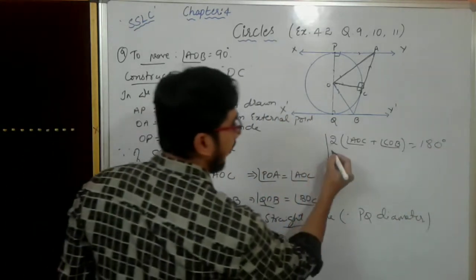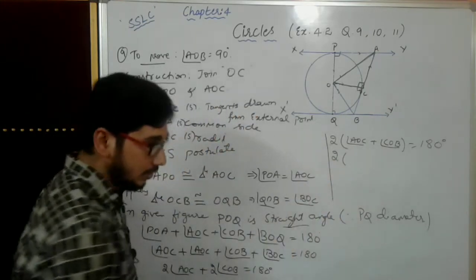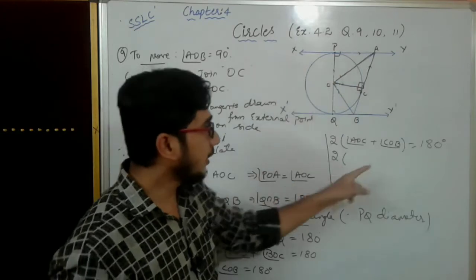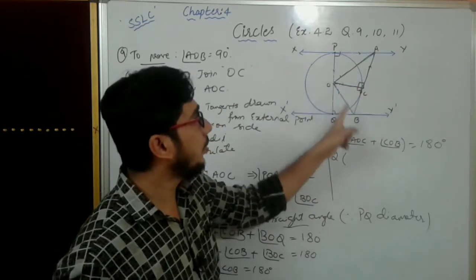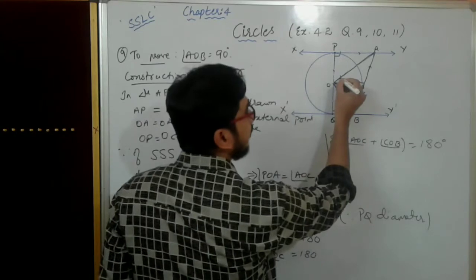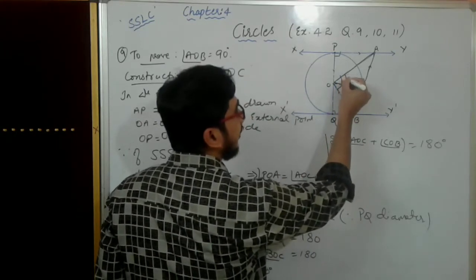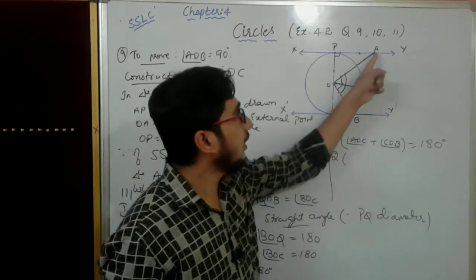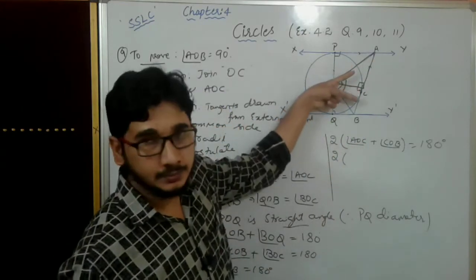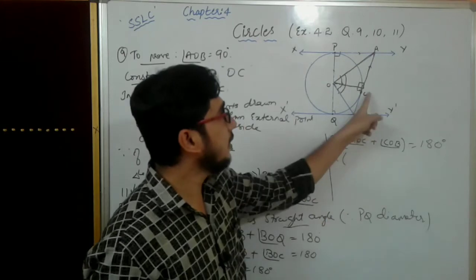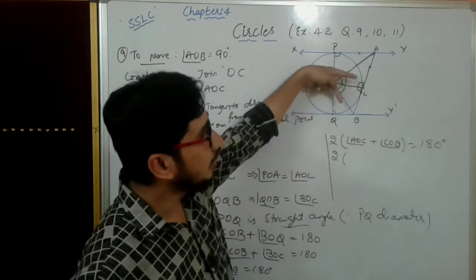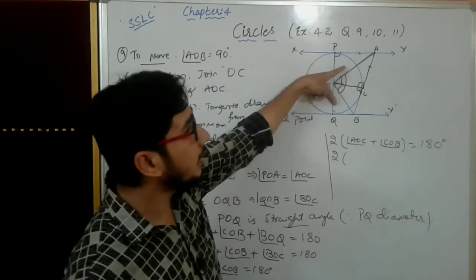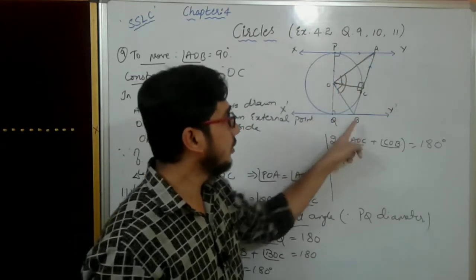Now AOC means this much angle. Next COB means this much angle. This little angle and this little angle together make this complete angle. I repeat again, AOC, this angle, and COB, this small angle. Both together adding, it will become this complete angle, that is AOB.